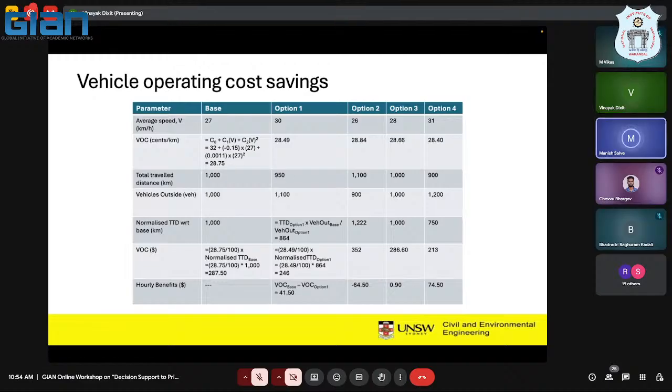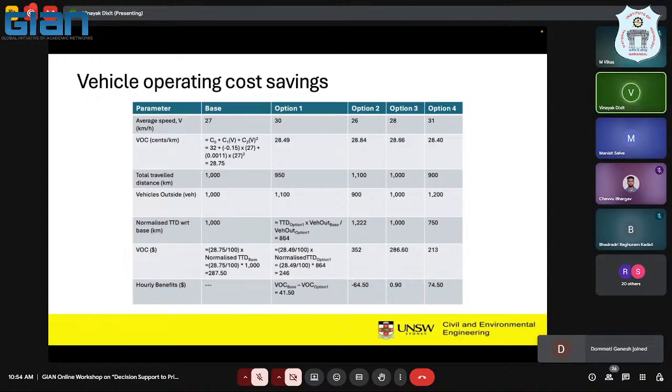We also know which type of modes they are using. Here we have assumed that it's only one type of vehicle, so this is just an assumption. If you want to split it up, this is just giving you an example of how to do it if you have one type of vehicle.